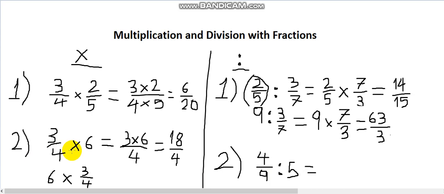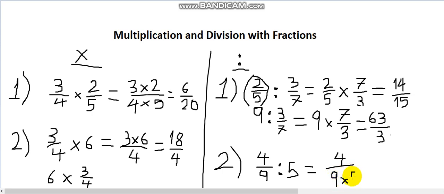Before, when we multiplied a fraction with a whole number, we multiplied the numerator with the whole number. Now, because we're dividing, we're going to leave the numerator alone, as we did with the denominator before, but we're going to multiply the denominator with the whole number.